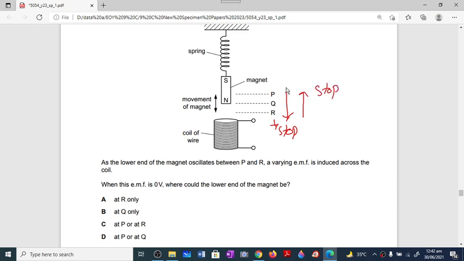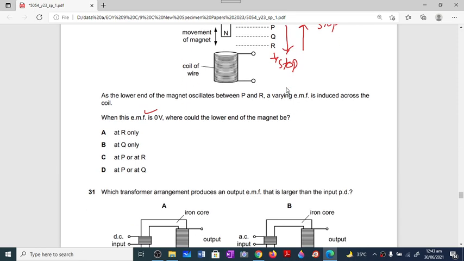Whenever the magnet stops, it means there is no change in the magnetic flux, so the induced EMF will be zero. So at point P or at point R, the induced EMF will be zero, and it will be maximum at Q. The reason is that at that point the magnet moves with the maximum speed from the mean position.